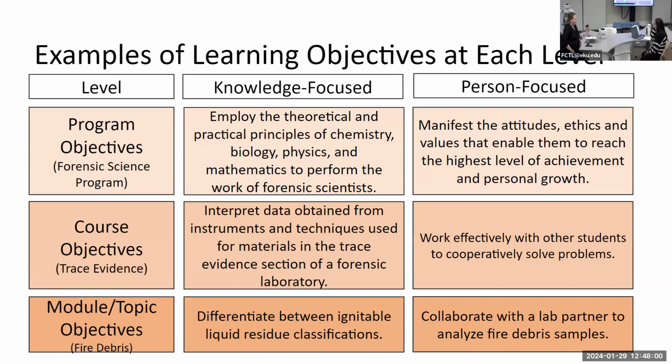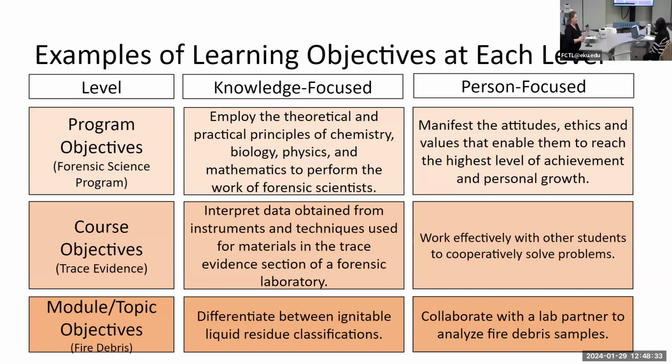This is just an example at each level. In the forensic science program, we have both knowledge-based and person-focused objectives, although the person-focused is a little bit more of a stretch. It's just talking about having the attitudes, ethics and values of a forensic scientist. At the course objective level, this is for my trace evidence course: we have data interpretation, that's knowledge focused, but I also have, I want you to work effectively with other students.